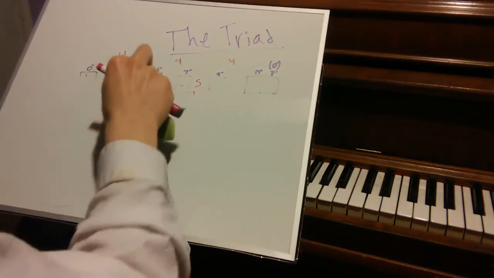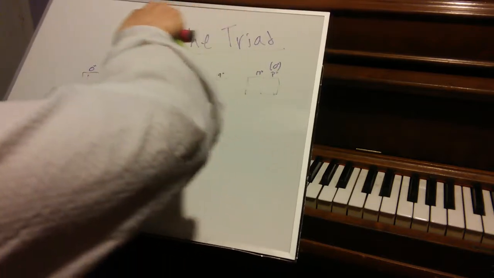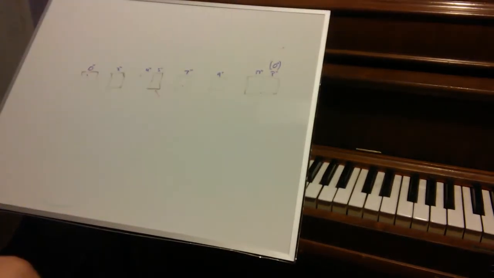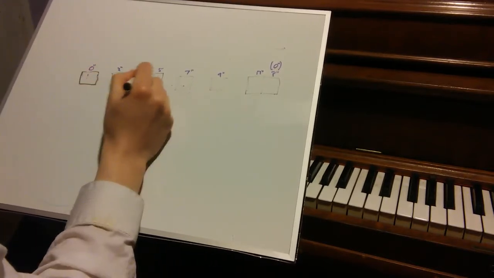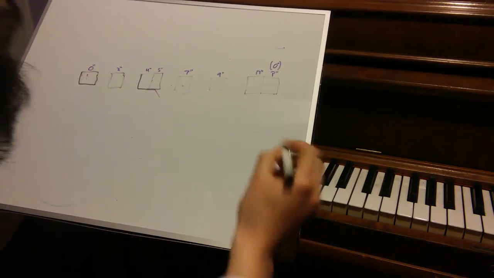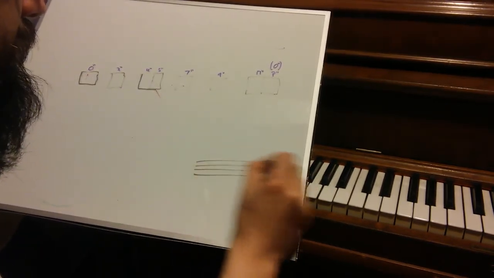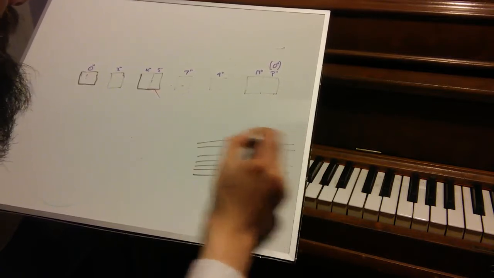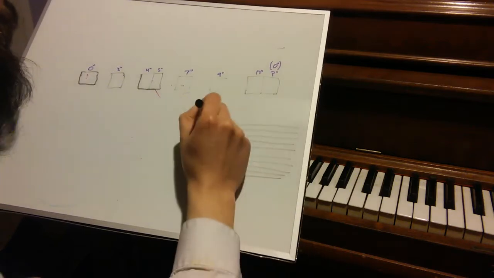Let's not erase that. Well, I guess we'll erase it a little bit. Oh, and the title has changed. Let me just rewrite that a little bit. And just to apply it here, I'm going to use the chromatic staff for about a minute or two, just to apply these notes to a staff.